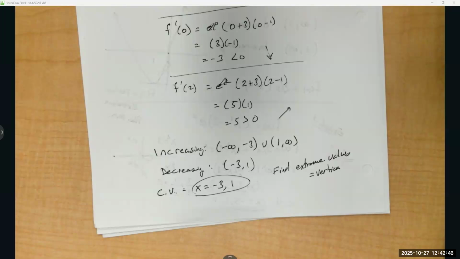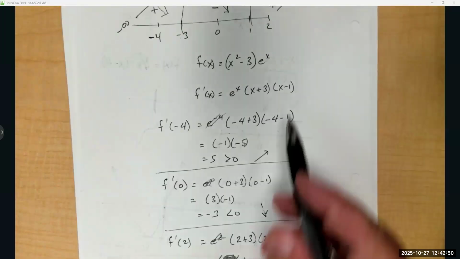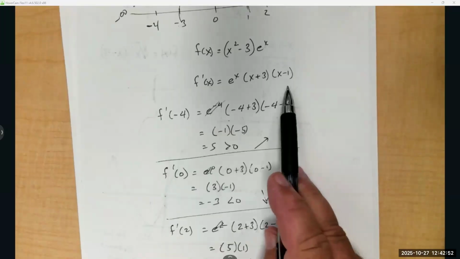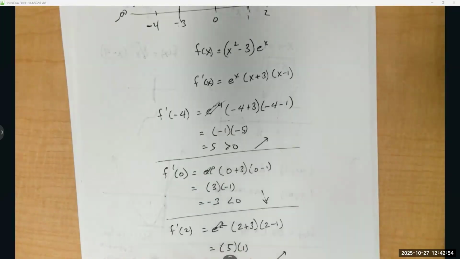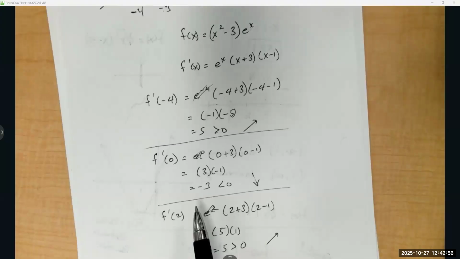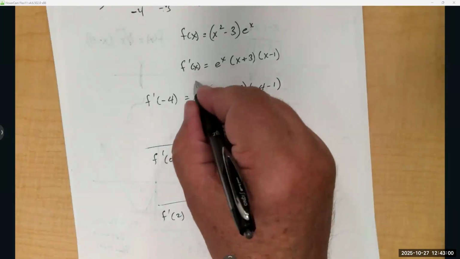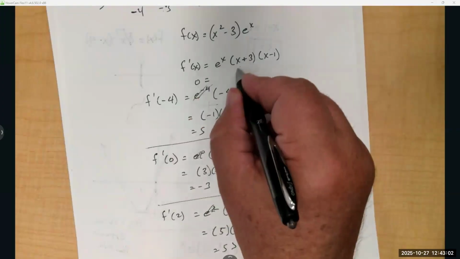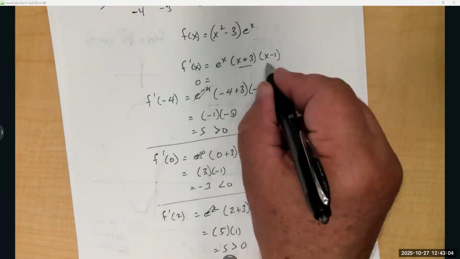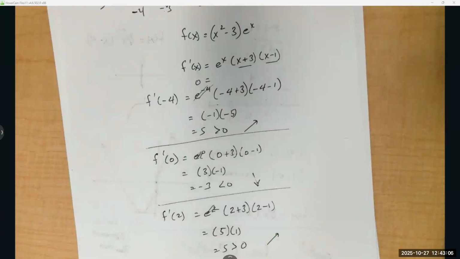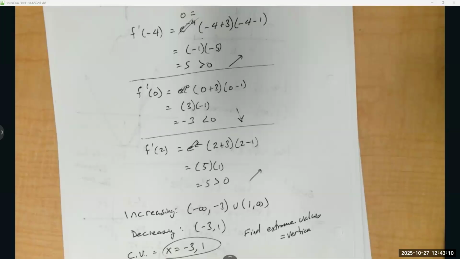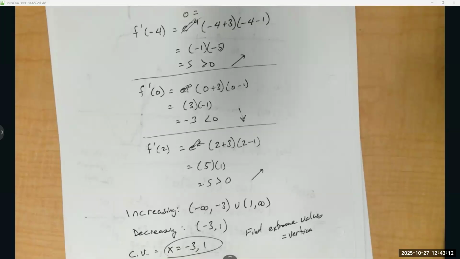Well, what equals 0? We just did that. We took the derivative, set it equal to 0, and we got the critical values. The only way it can be 0 is if x equals -3 and +1. Okay, so we have the extreme values here. What do we do with those?